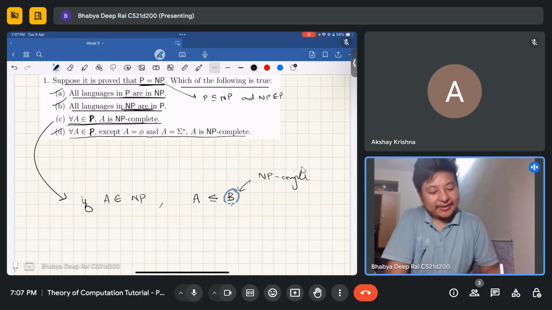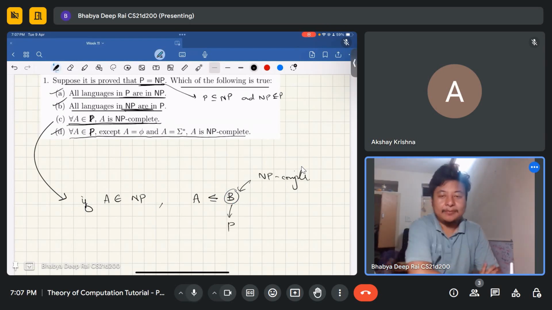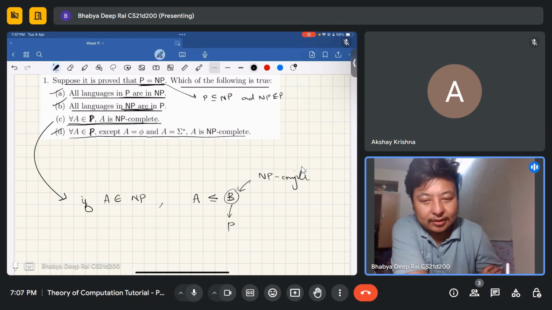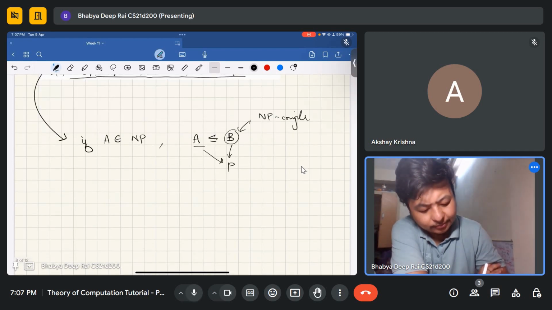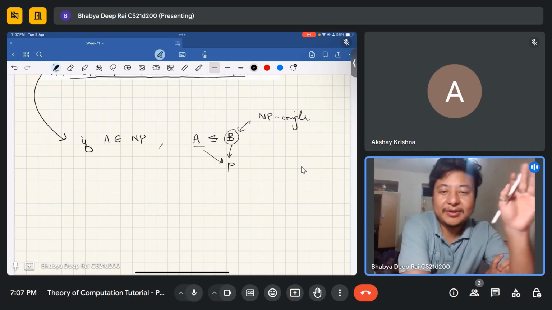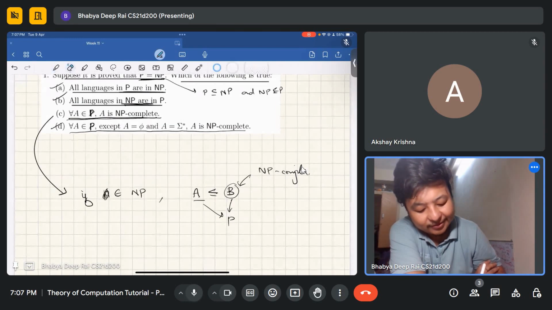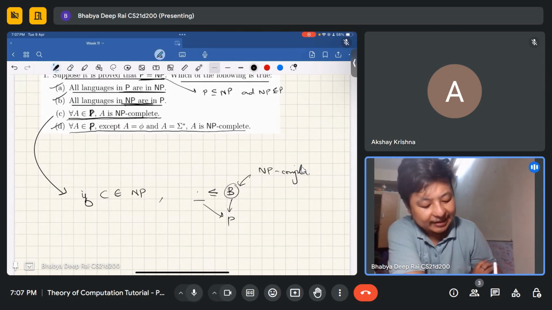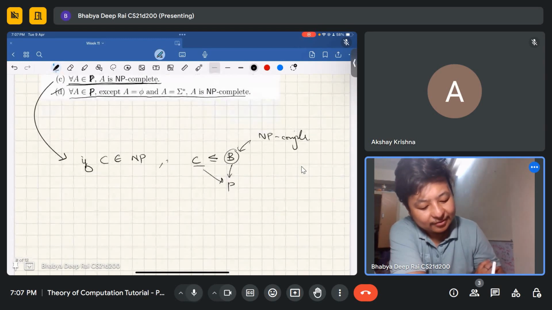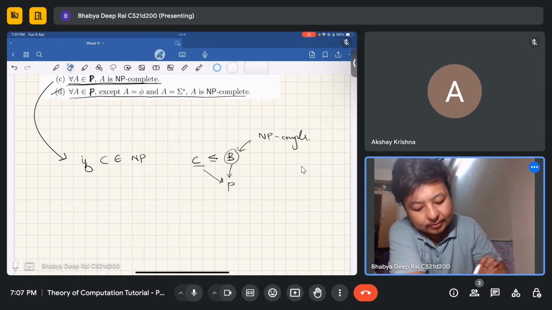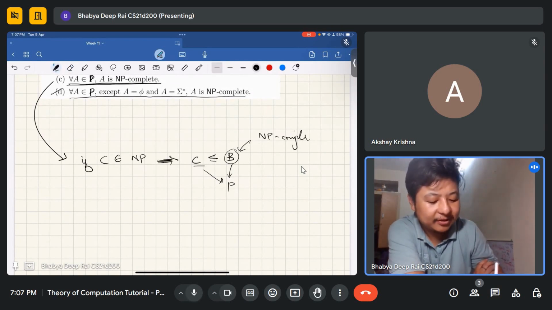Now, further, what you are saying is B is itself in P. So let C be a language in NP and B be a language in P. C reduces to B because B is NP complete.